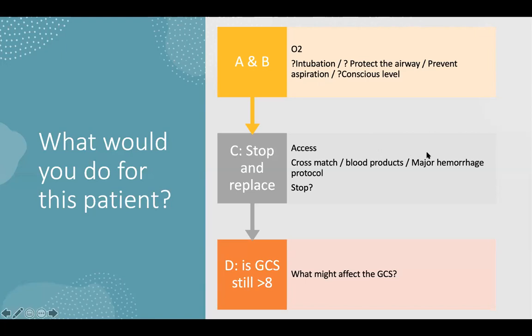Although sometimes they are saturating well and everything is fine, you have to put the oxygen mask. That's to maximize the oxygen delivery. You will speak about the oxygen delivery later. There is a formula for the oxygen delivery, and you need to maximize this.